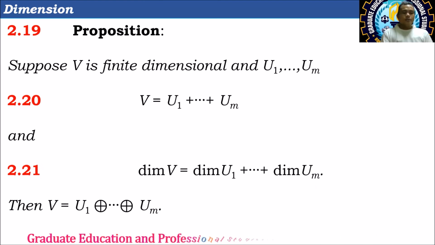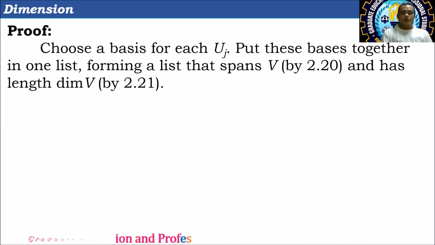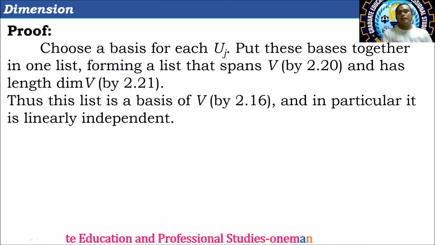To prove that, choose a basis for each Uj. Put these bases together in one list, forming a list that spans V, as shown in 2.20, and has a length of dimension V, as shown in 2.21. Thus, this list is a basis of V by 2.16. And in particular, it is linearly independent.